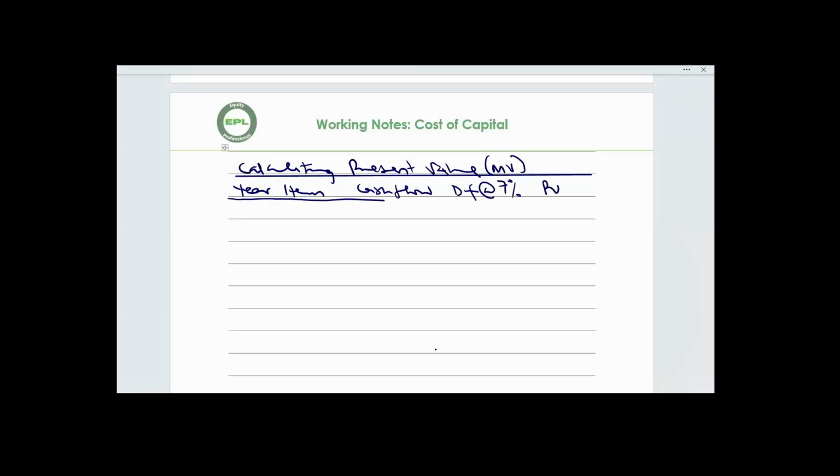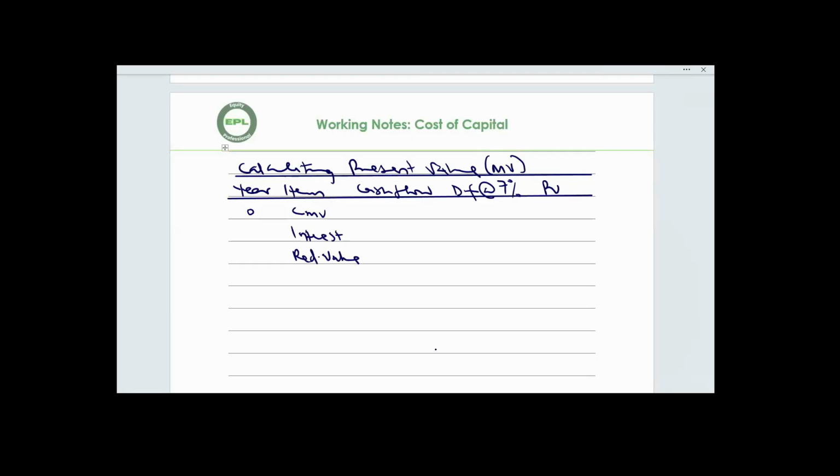So you can see it's the same format that we use to calculate NPV. When you are calculating NPV, here you put year zero. Here you put the current market value. Here is the fixed interest. Here is the redemption value.